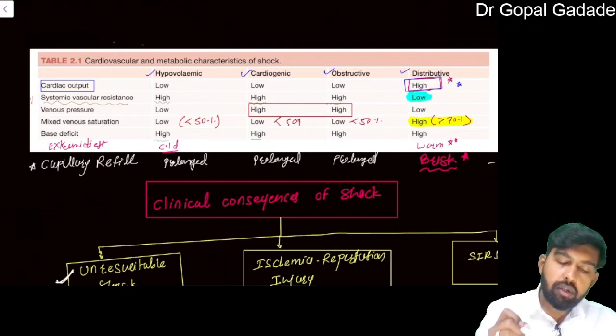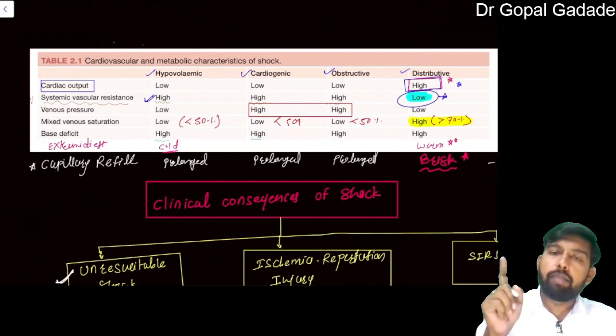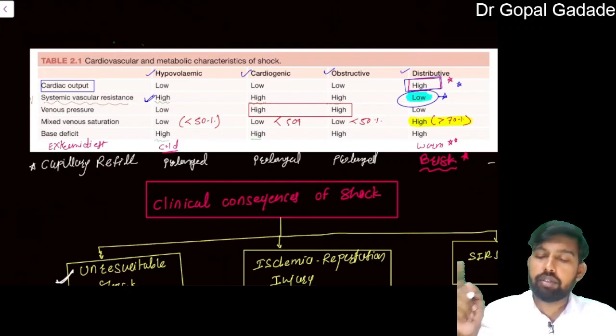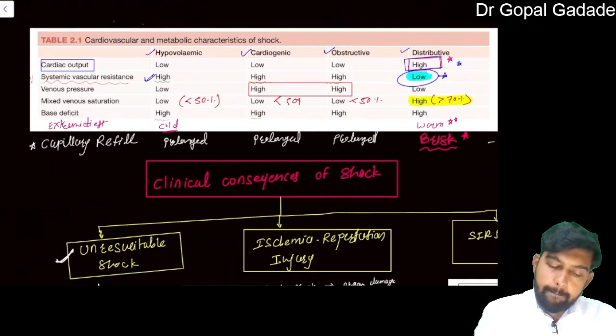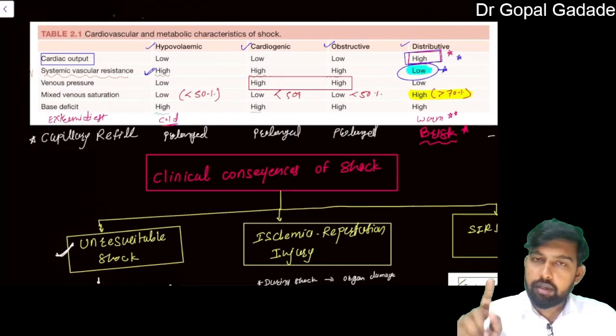So systemic vascular resistance is high in all shock except septic shock, that is distributive shock. The basic pathophysiology of septic shock is a decrease in the systemic vascular resistance because of vasodilatation. So the systemic vascular resistance is high in all shock except distributive shock.